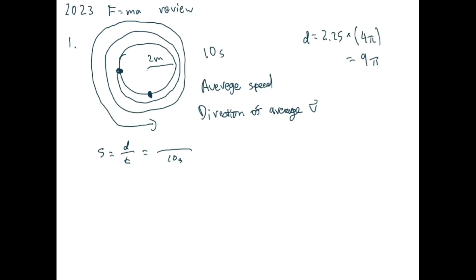Now that we know our distance, we can find that our average speed is just 9 pi over 10 meters per second. Now, what about the average velocity? To find the average velocity, we have to find its displacement and then divide by time. That's the definition of average velocity.